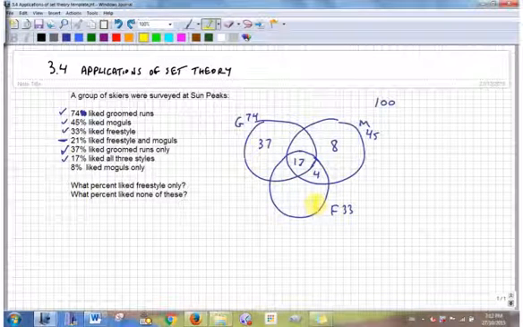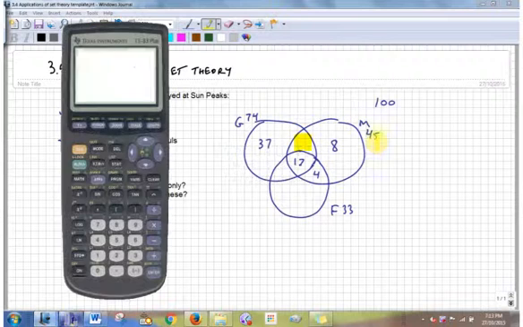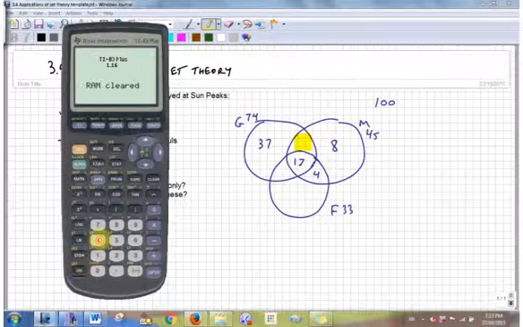But what I can do is, looking at this moguls set, I know there's 45. That's 8. There's 4. There's 17. So I can figure out the missing intersection between G and M here, because I know 45 take away 8 and take away 4 and take away 17.